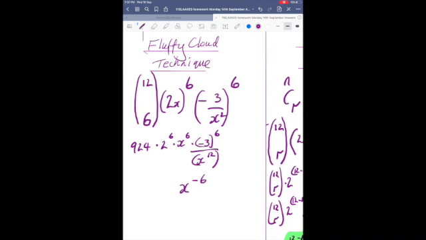I've got a very large number coming out, 43,110,144. I think that might be okay, we'll see. So there's your two different methods, fluffy cloud technique versus formula.